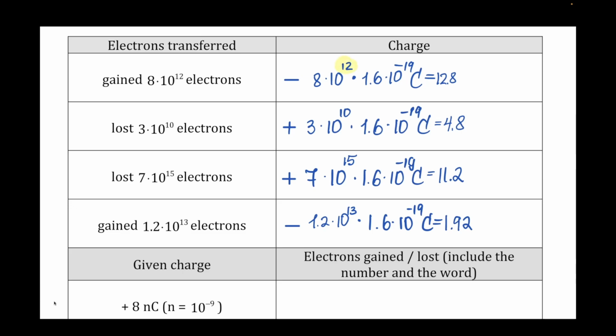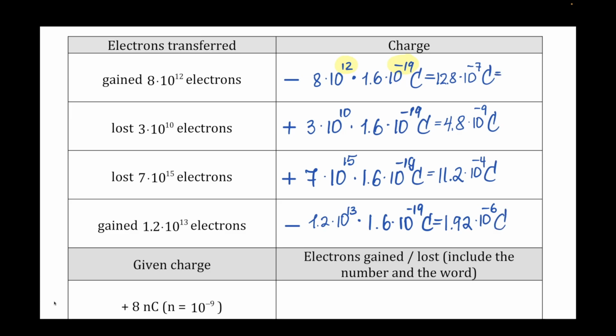When I have multiplication, we just add our exponents. So that's going to be 10 to the negative 7th, 10 to the negative 9th, 10 to the negative 4th, and 10 to the negative 6th. Coulombs, coulombs, coulombs, and coulombs.